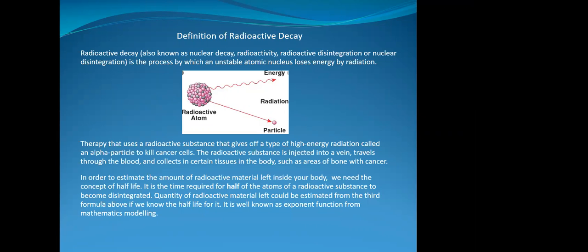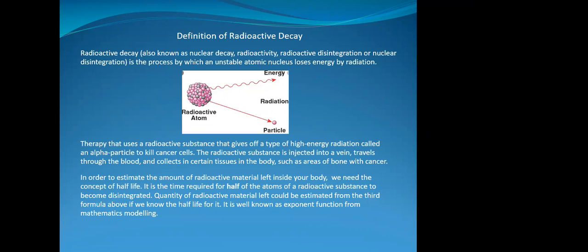And the picture shows us the definition. The therapy uses a radioactive substance that gives off a type of high energy radiation called an alpha particle to kill cancer cells.